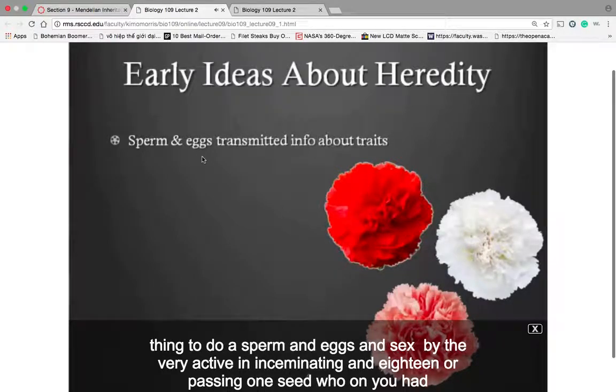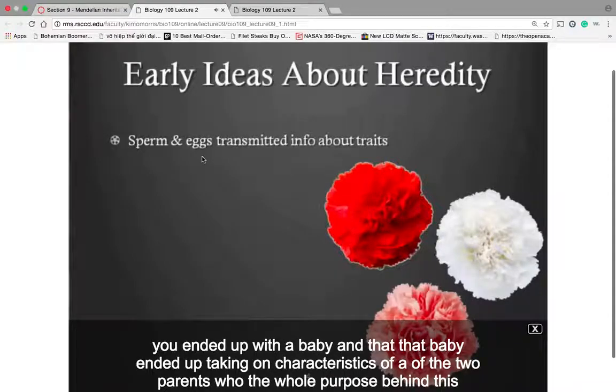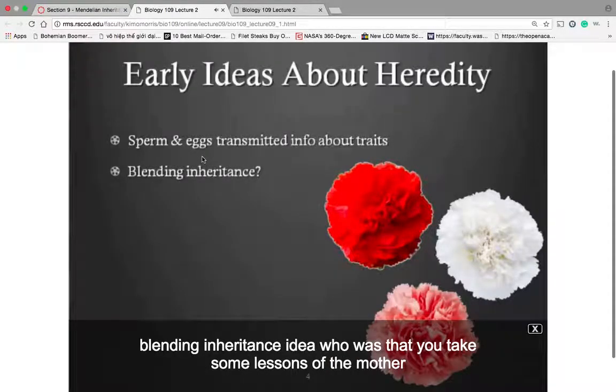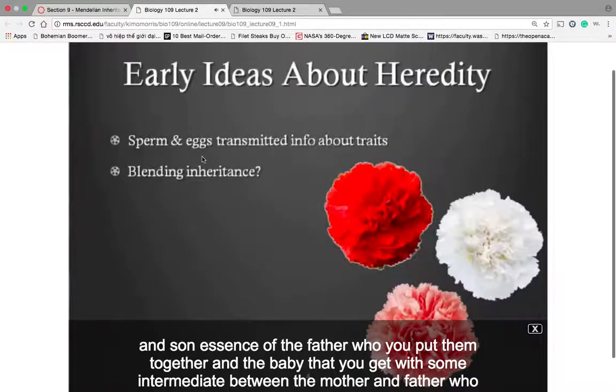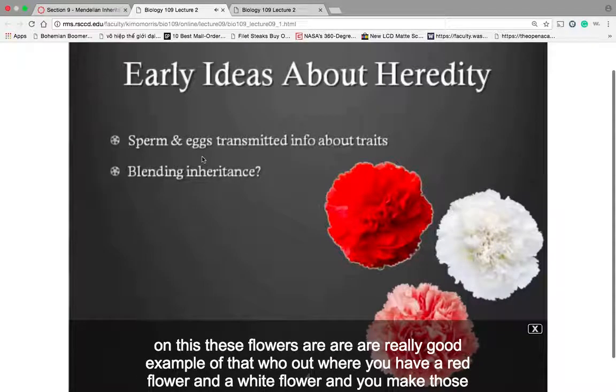We knew it had something to do with sperm and eggs and sex, but by the very act of inseminating or passing one seed, you ended up with a baby, and that baby ended up taking on characteristics of the two parents. The whole purpose behind this blending inheritance idea was that you take some essence of the mother and some essence of the father, you put them together, and the baby that you get was some intermediate between the mother and the father.